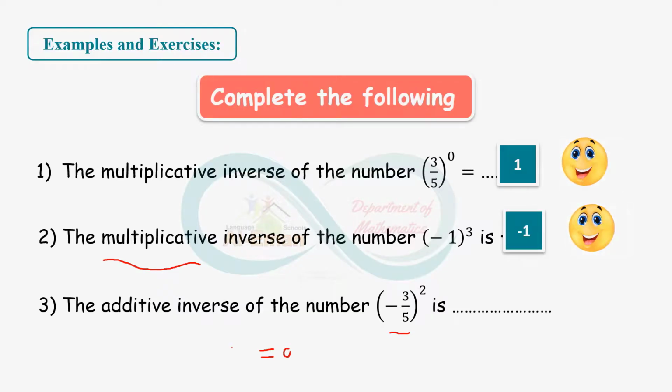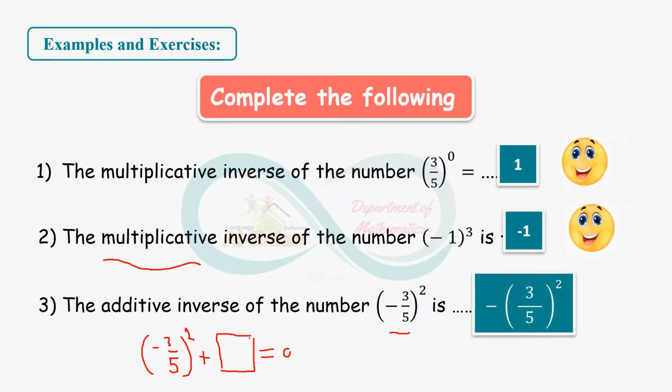So we need the number that added to -3 over 5 all to the power 2 gives 0. It is -3 over 5 all to the power 2, because the power 2 is even, so it cancels the negative sign.